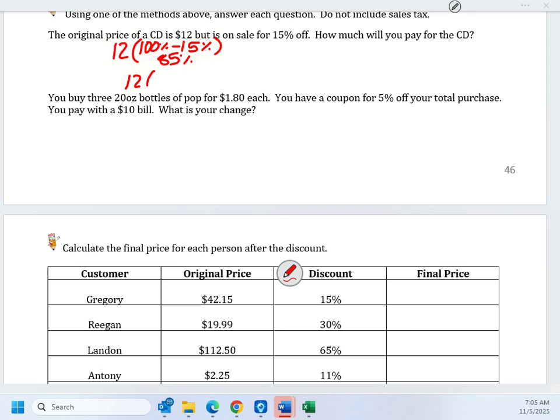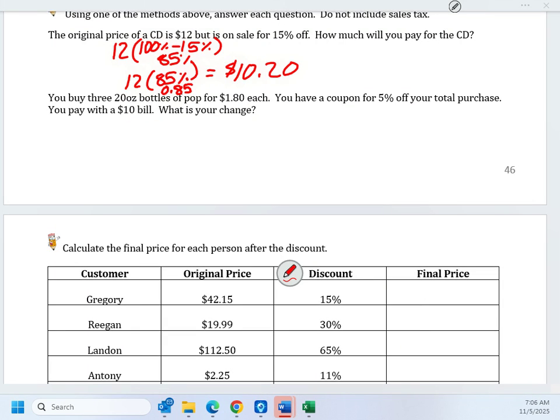So 12 times 85% is $10.20. And remembering that those percentages, we can change them into decimals. So 12 times 0.85 gives us that $10.20.